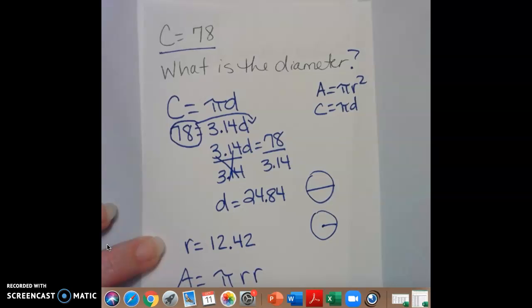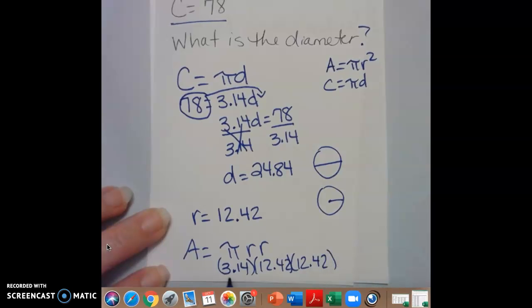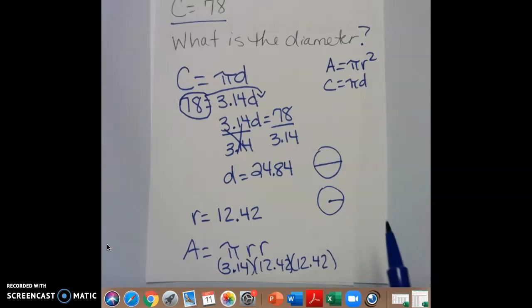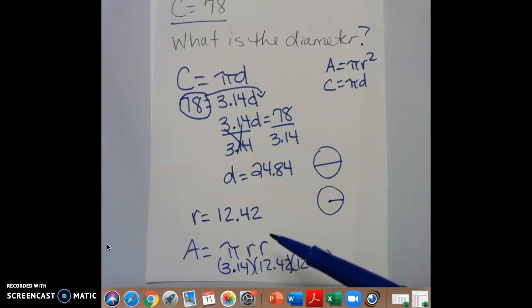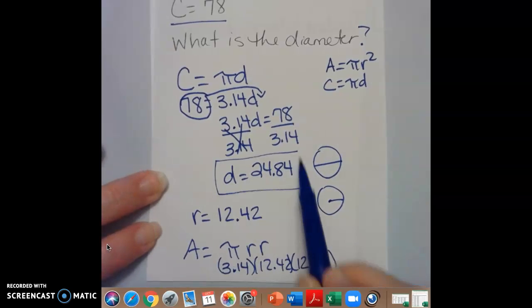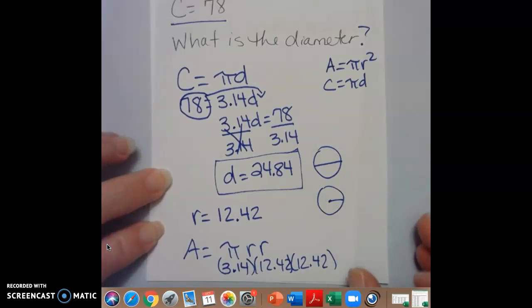So then I would have 3.14 times 12.42, times 12.42. So I would multiply all those together if it asked me for area. Now, I know I went further than I had to, but I wanted you to see how we could use this one formula to get to a bunch of different places. But for this particular problem, that's all it was asking us for. I was just showing you how we could go deeper, okay?